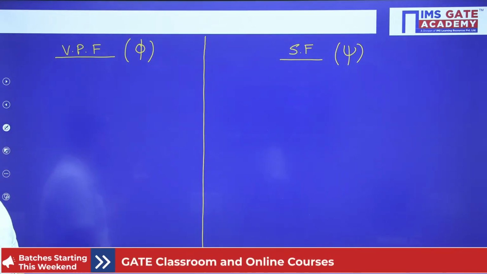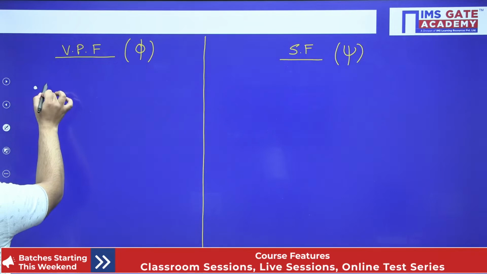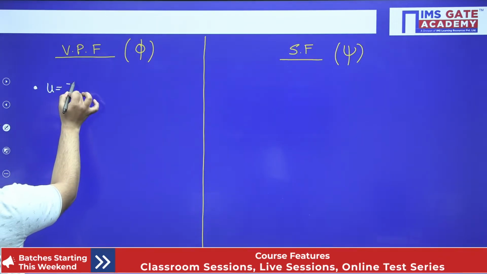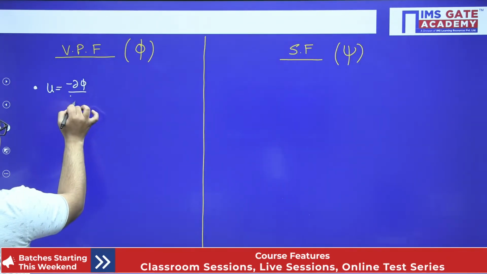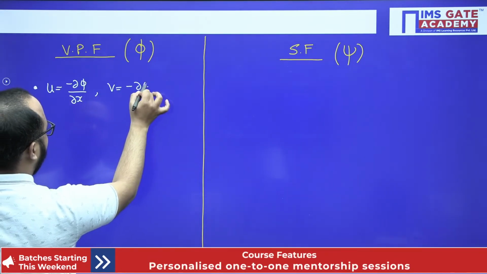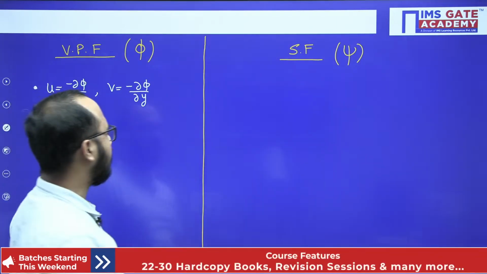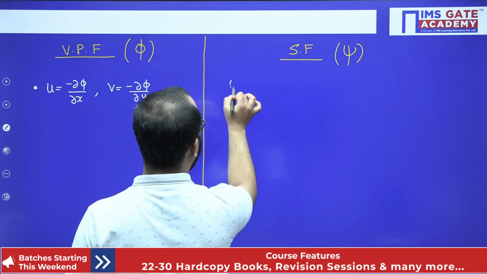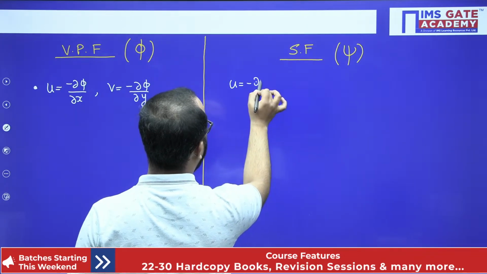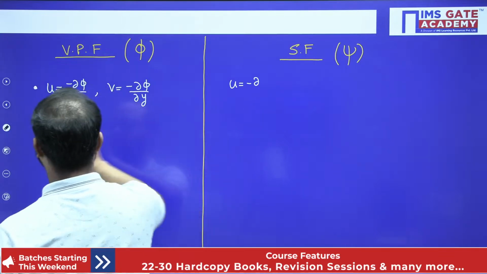Now see, very important point. First, what are the velocity components? These are the velocity components. Generally 2D flow will be there in our cases, so I am writing for 2D flow only, right?